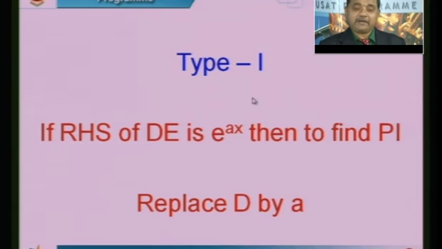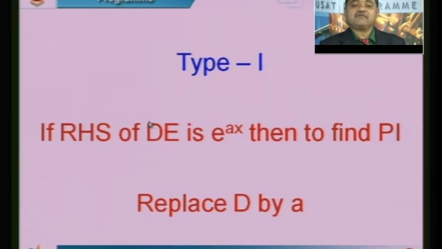In type 4, only the first step is different from these other three types. If you do that first step, then automatically your problem will be reduced to either type 2 or type 3. Then you can solve by using the type 2 or type 3 method.